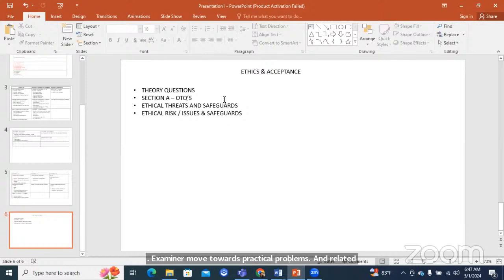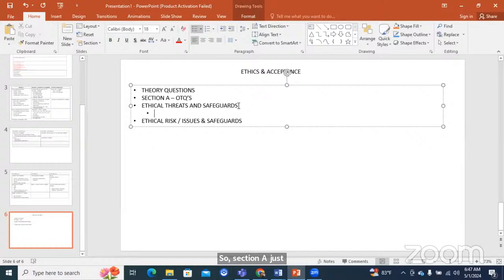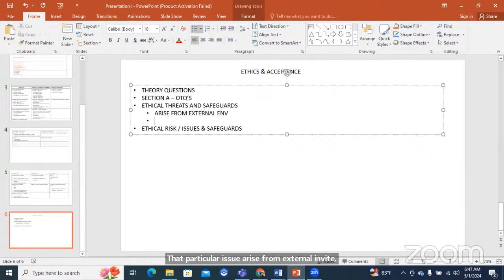So section A, just keep as it is. Ethical threats means that the particular issue arises from the external environment. Assuming the auditor is an ethical person, another party who is going to interact with the auditor is not ethical.